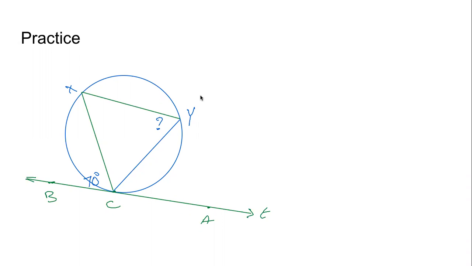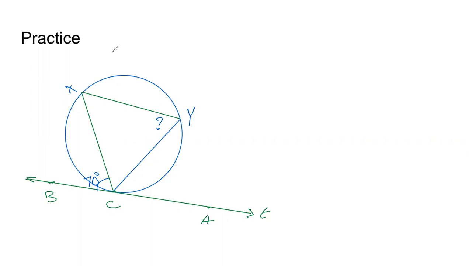Is the question clear? Are you able to see it? What will it be equal to? The secant is XC, the tangent is AB.